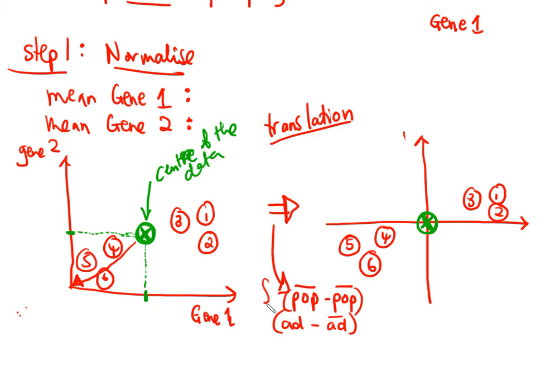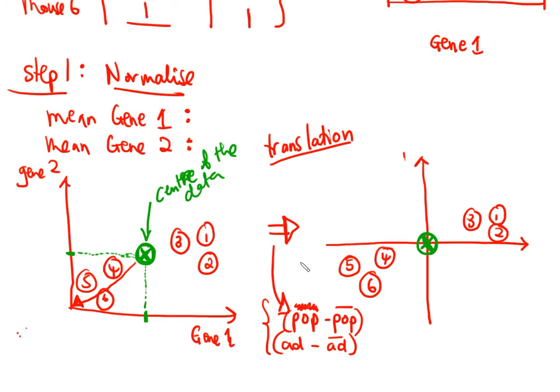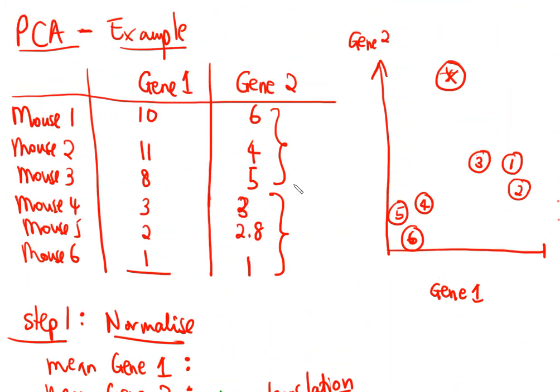It's exactly what we did previously with the subtraction, like pop minus the population mean, ad minus the ad mean. So here, if you wanted to see it in a table, you can add GENE1 translated, get the mean, and then for each of these points subtract the mean, and write them here.